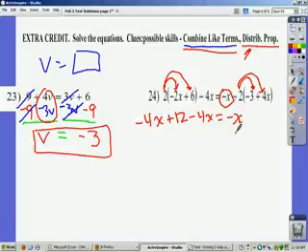So it's really minus 2, or negative 2 times negative 3 is positive 6. And then minus 2 times 4x is minus, or negative, 8x. Now we need to simplify things. We combine this with this, combine this with this, and I'm going to rewrite this.